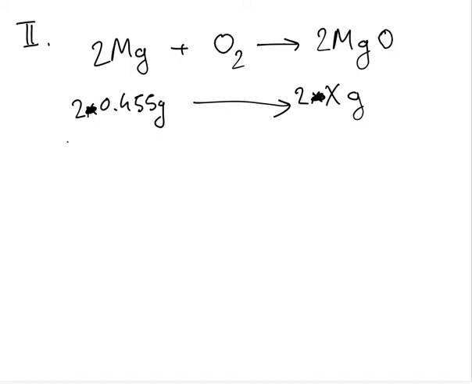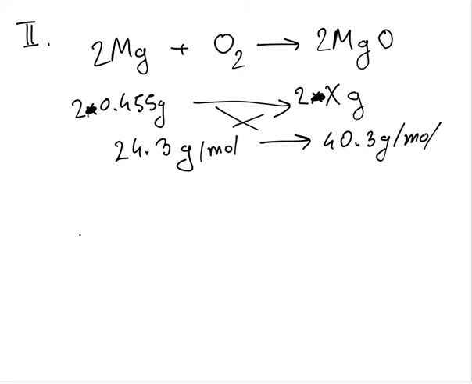Molar mass, we don't multiply. No matter if you have a 2, you never multiply it. So that becomes only 24.3 grams per mole, equal to 24.3 plus 16, which is 40.3 grams per mole.